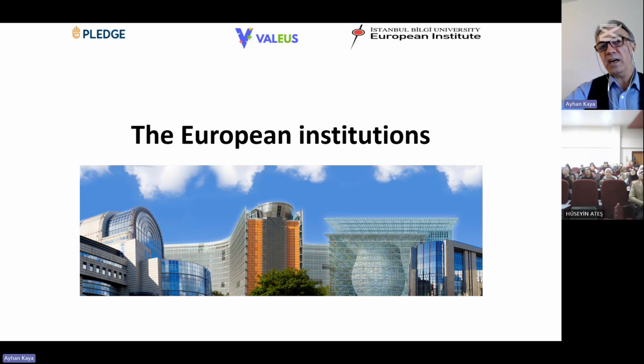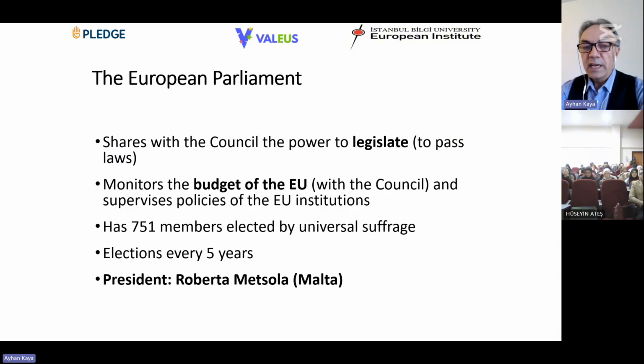Just very briefly, I'll talk about the European institutions, and then we will come to the conclusions. The European institutions are, first of all, a democracy. Europe is composed of democracies, although recently there are so many different illiberal, anti-democratic movements in the European Union.